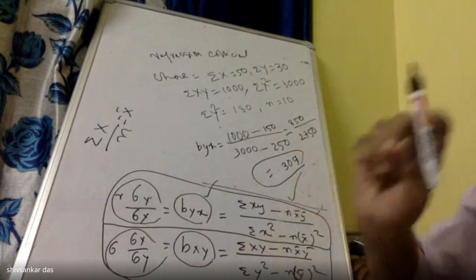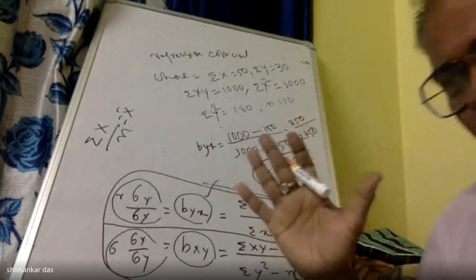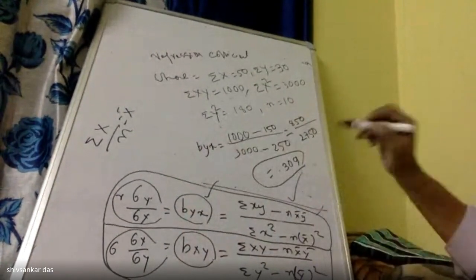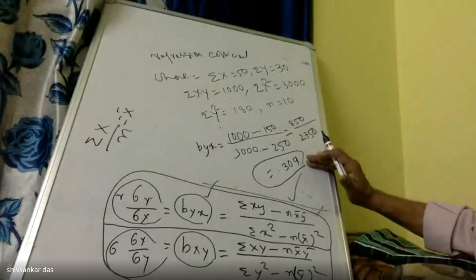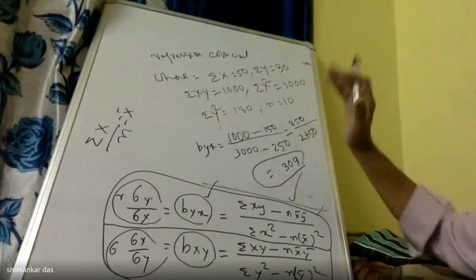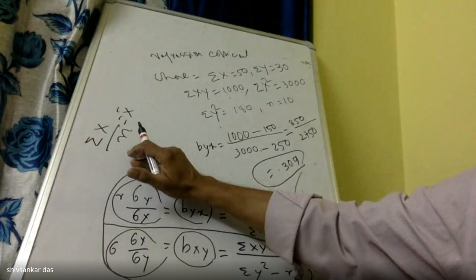What does it mean? The degree of relationship between y and x is 0.309. If x varies by 1 unit, y will change by 0.309.